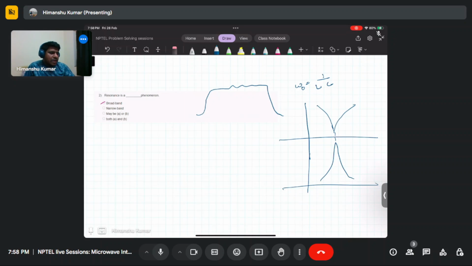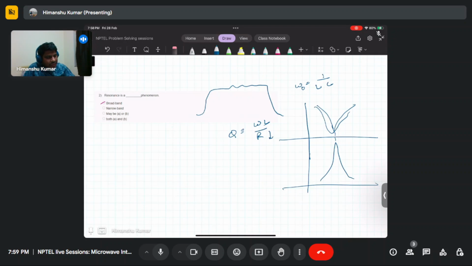Only the loss in your circuit makes it wider. The more loss you have, the broader the resonance, or the worse the quality factor. If you consider the series resistance, the quality factor is omega L by R. So if you reduce R, your quality factor will keep on increasing.